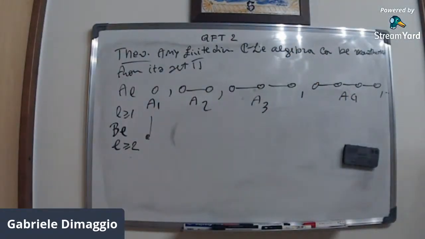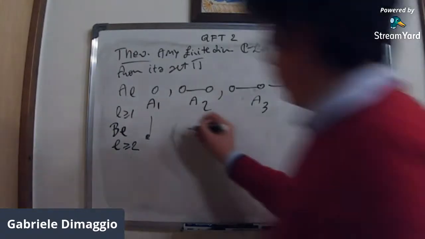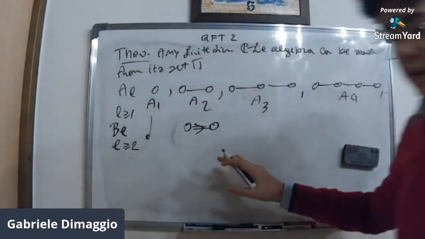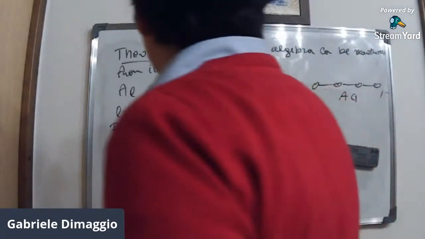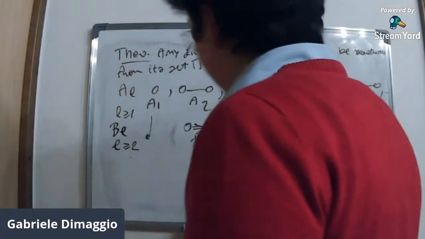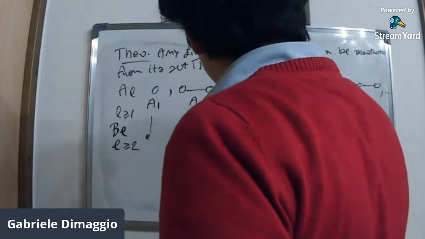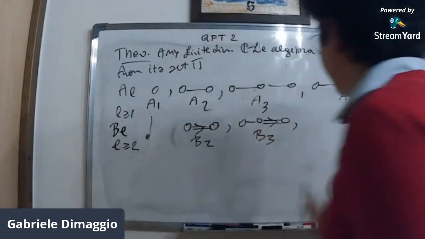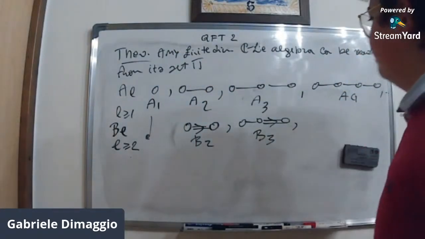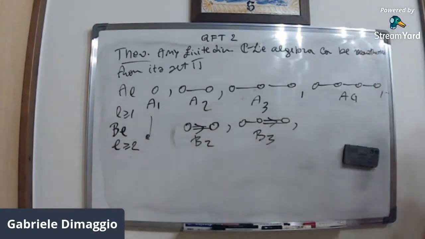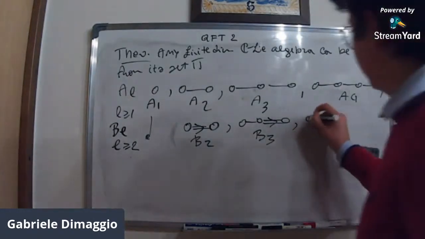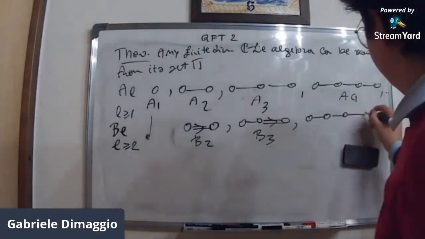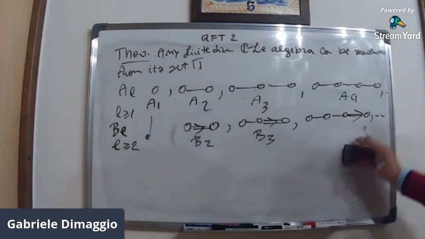So the first case is B2, and then I have this case, B3. Then I have B4, which I think is like this, and so on.